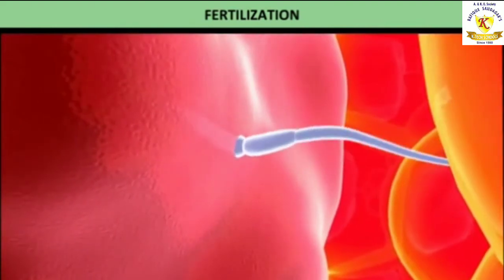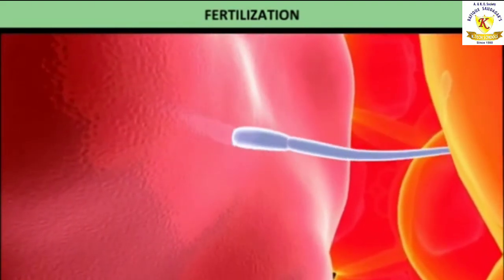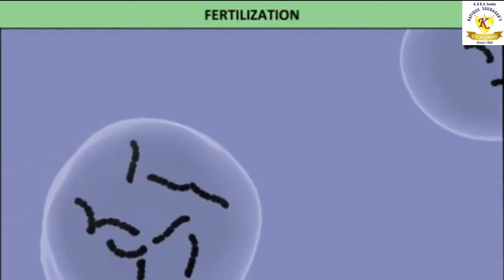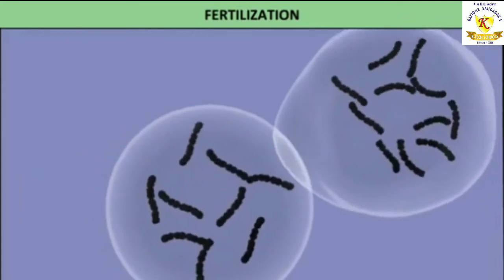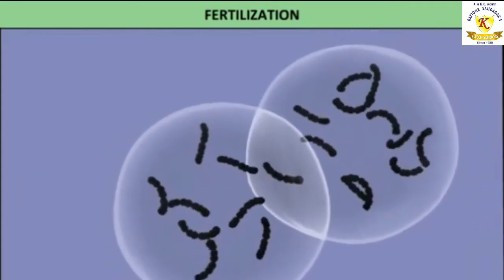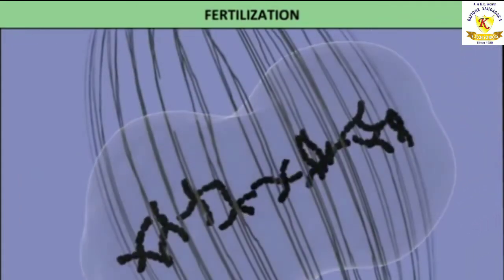So what happens then? It releases its haploid chromosomes in it, as you can see in this picture. Then finally, a zygote forms with a 2N chromosome set.